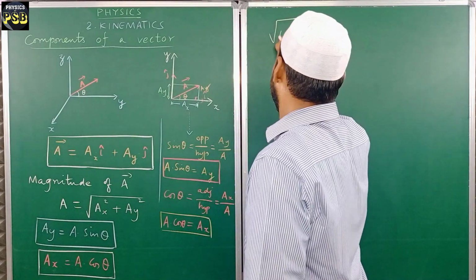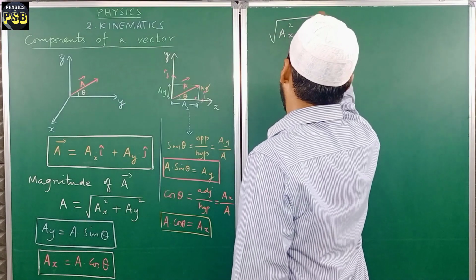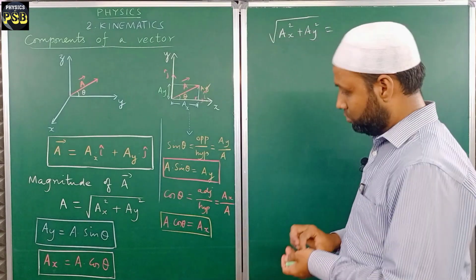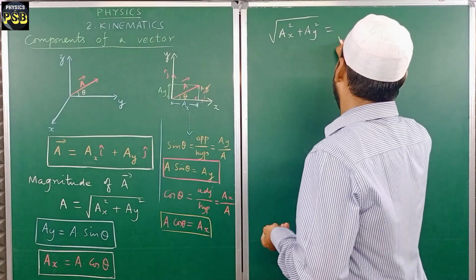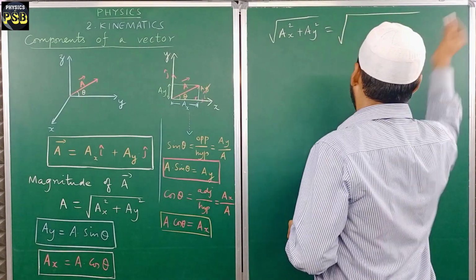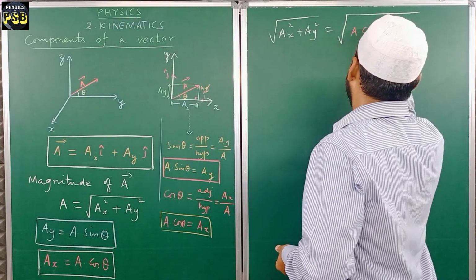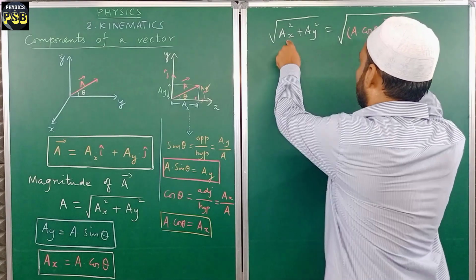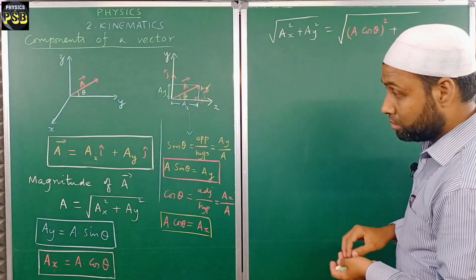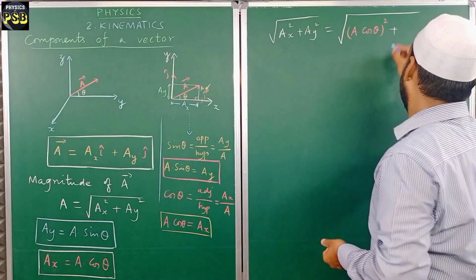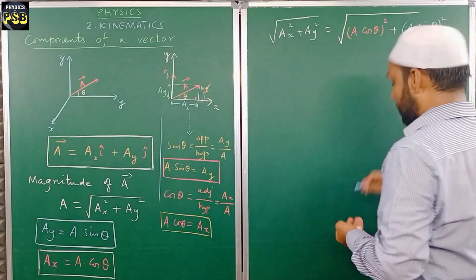Root of AX square plus AY square. What is the value of AX? AX is A cos theta whole square, plus A sin theta whole square.